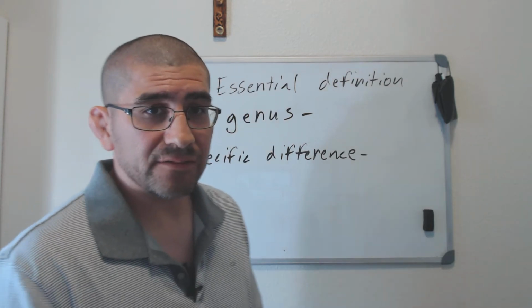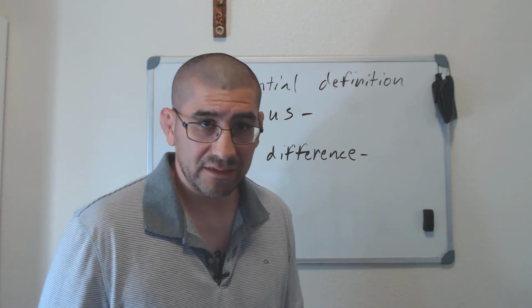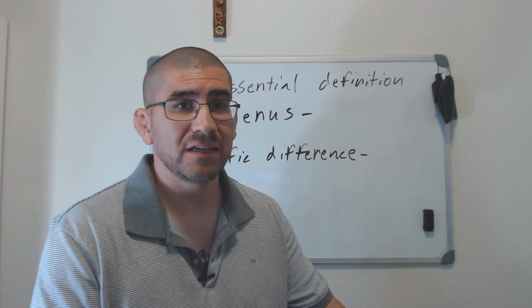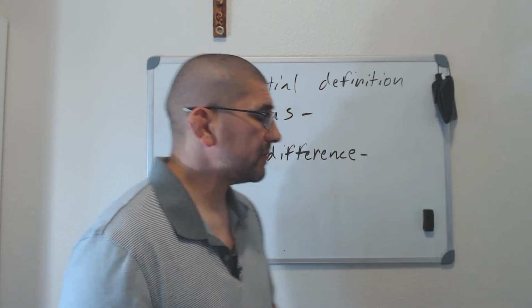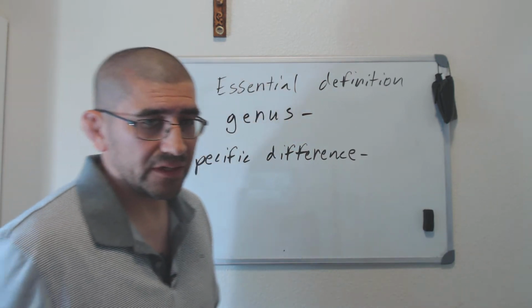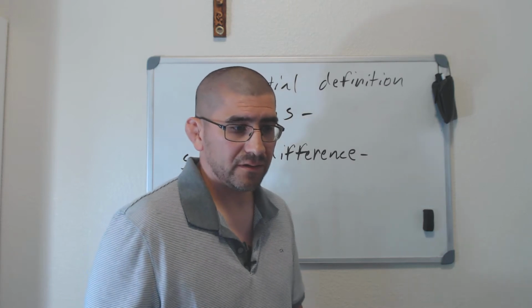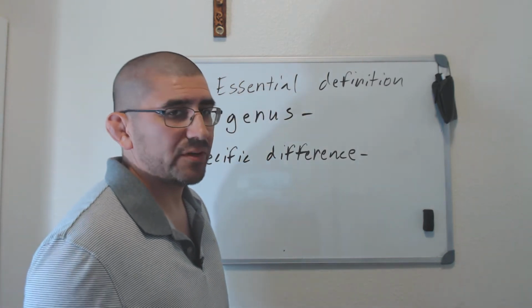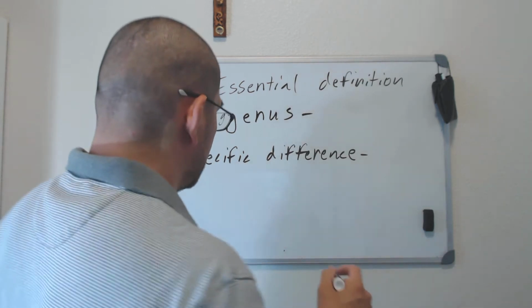The specific difference is a characteristic that separates the thing you're defining from the rest of the things in the genus. Okay? So I'm going to give you an example of an essential definition given by Aristotle. Aristotle defined human beings as rational animals.